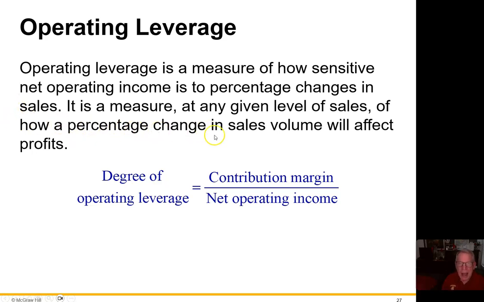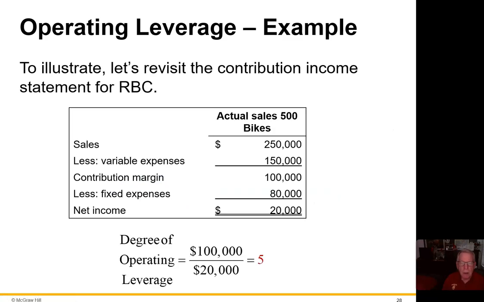It is a measure at any given level of sales of how a percentage change in sales volume will affect profit. So to calculate that degree of operating leverage, we take the contribution margin and divide it by the net operating income. So in this last example, we had net operating income of $20,000 and we had contribution margin of $100,000. So if we divide $100,000 by $20,000, we get 5. That's our degree of operating leverage, 5.